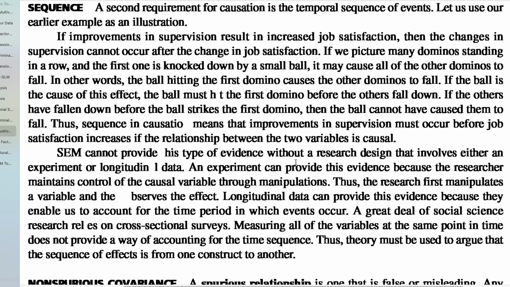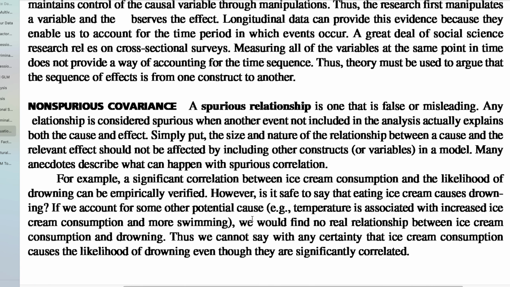Longitudinal data can provide this evidence because they enable us to account for the time period in which events occur. A great deal of social science research uses cross-sectional surveys, measuring all of the variables at the same point in time, which does not provide a way of accounting for the time sequence. Thus, theory must be used to argue that the sequence of effect is from one construct to another.